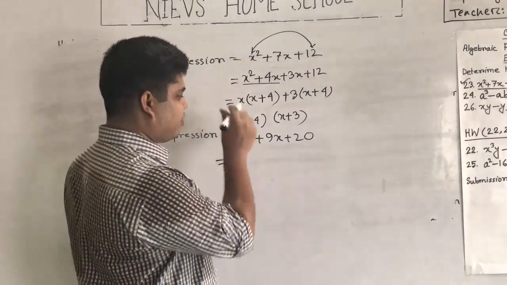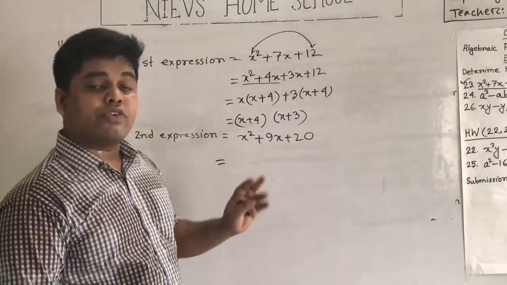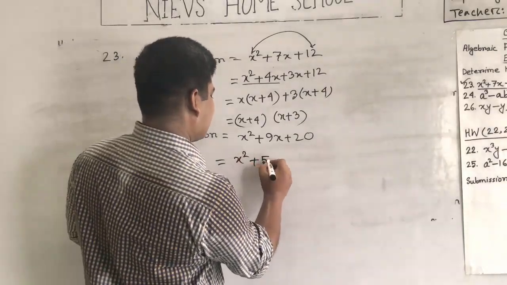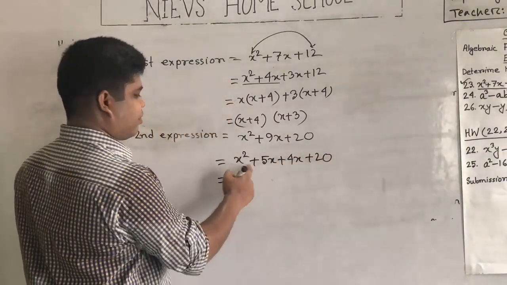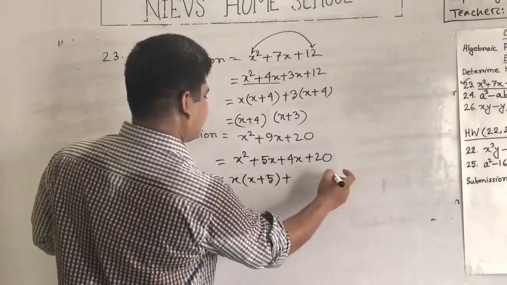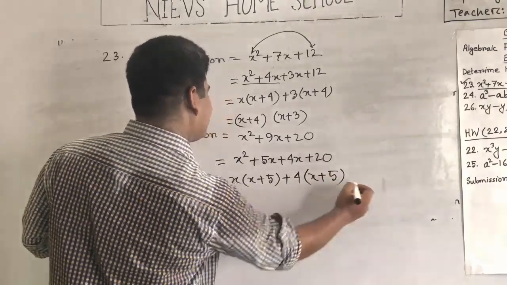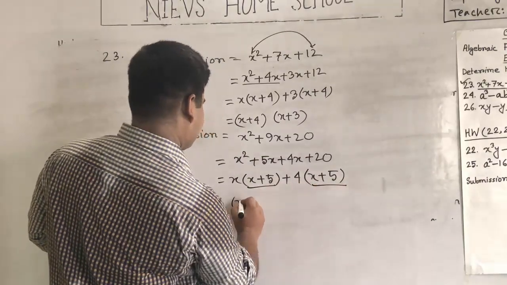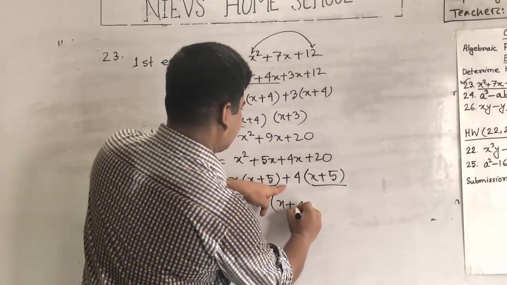So how can we break 20 as 4 with 5? 4 5 are 20, and if we add 4 with 5 then we get 9. So we write x square plus 5x plus 4x plus 20. Now from the first two terms x is common and x plus 5 is left. From the next two terms 4 is common, x plus 5 is left. From the whole expression x plus 5 is common and x plus 4 is left.